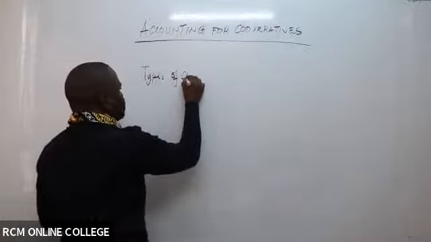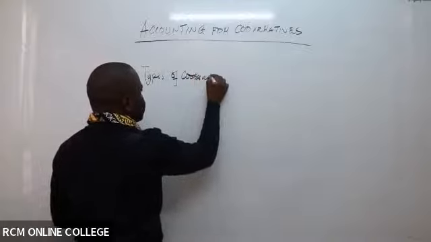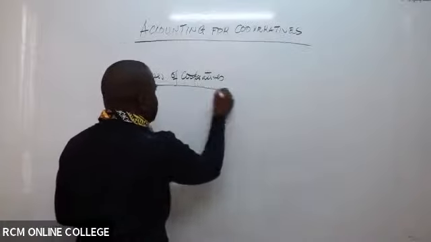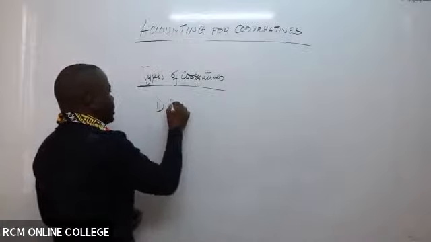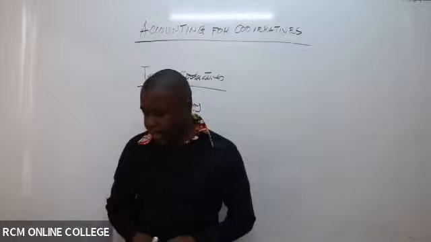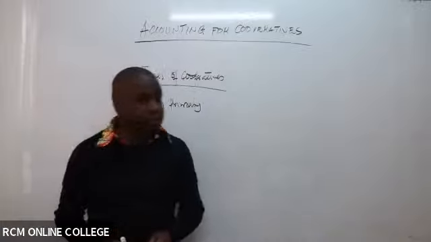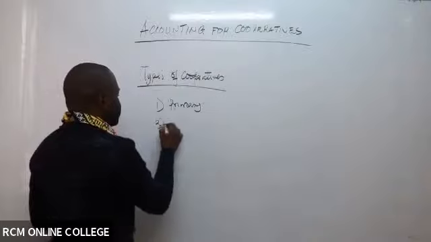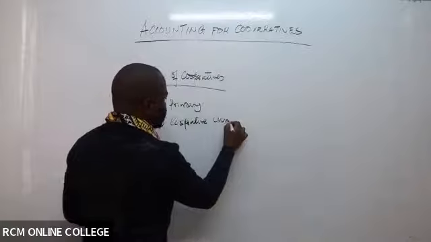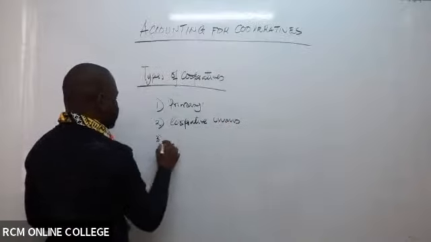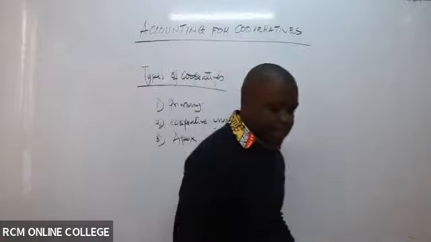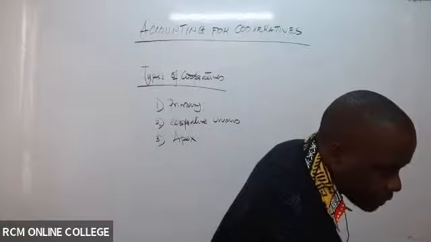Some of the major types of cooperative societies are primary societies, cooperative unions, and another type we call apex cooperative societies.